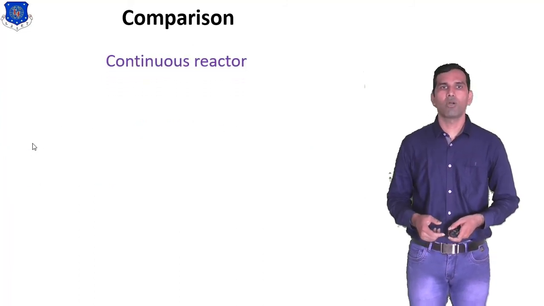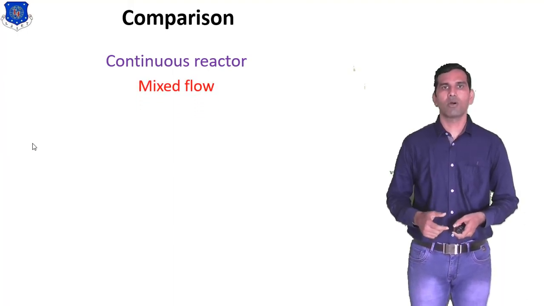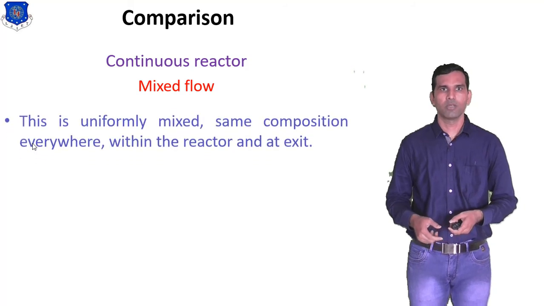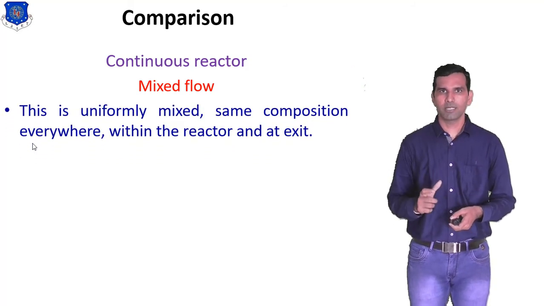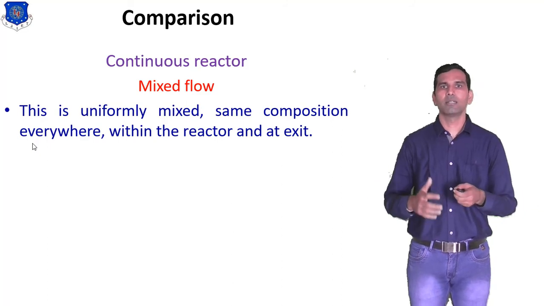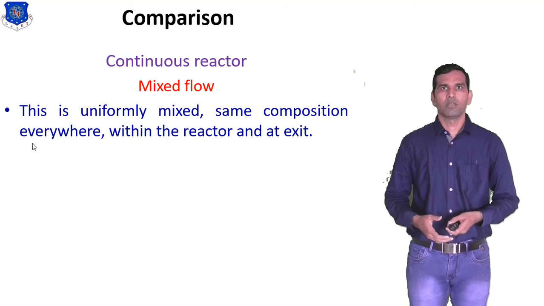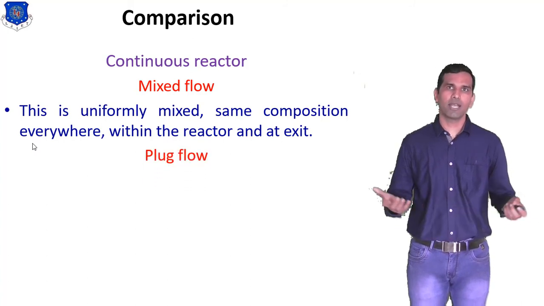Now we talk about the continuous reactors. First we talk about the mixed flow reactor. This has uniform mixing, with the same composition everywhere within the reactor and at the exit. And the next one is the plug flow reactor.